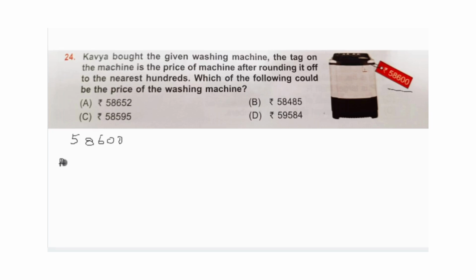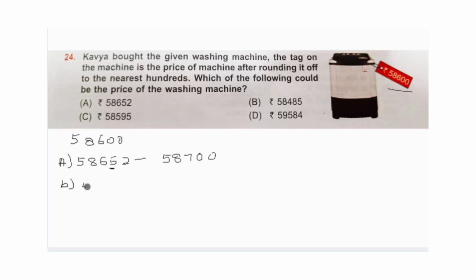Let's take option A. The price mentioned here is 58,652. Let's round it off to the nearest 100. Since it's the nearest 100, let's see the value of the tens position. Here it's 5. Since it's 5 or greater than 5, we will round up to 58,700, which is A's rounded value.